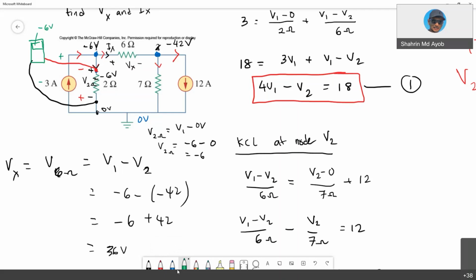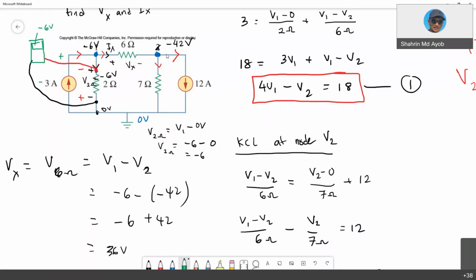Do you get what I mean? All this node analysis is only an assumption from us, and we need to start with an assumption. For example, if the current direction is not given, we just assume that the current flows from node V1 to node V2.